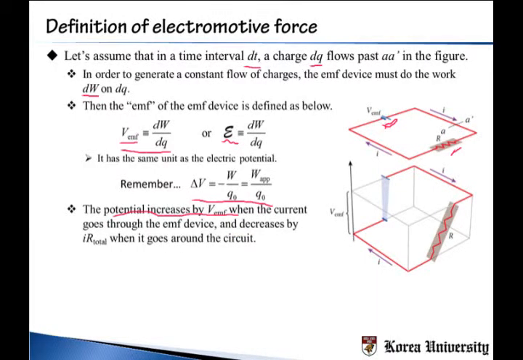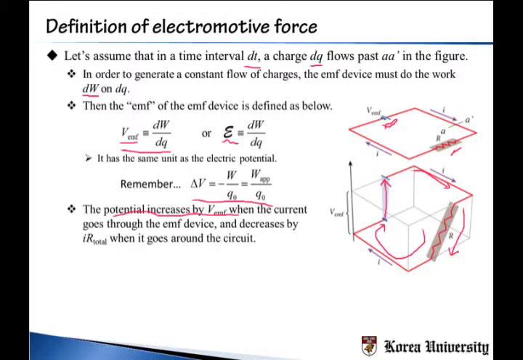Okay, so in the graph on the right side, the current is flowing clockwise, and then of course inside the conducting wire, potential will not change. When it finally goes through the EMF device, it will go up by this V_EMF, and then again in the wire nothing is changing. But then when the current is flowing through the resistor, it will again go down.